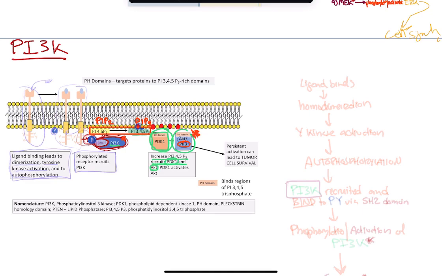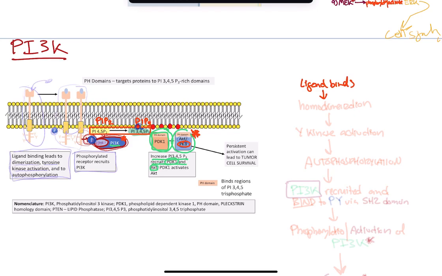So let's just write this out real quick. First things first, we have the dimerization, right? Or here we'll say ligand binds, which causes, I'm going to number it.